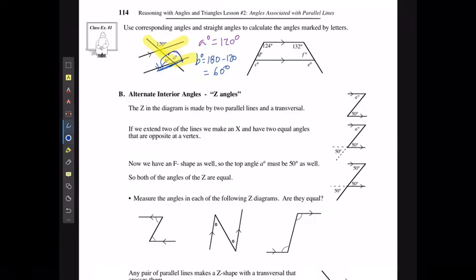If I go to the second example, I have my corresponding angles making this F are going to be the 124 and C, which means that C degrees has to equal 124. Going the opposite direction, I can see my other corresponding ones are this backward F here, which means that 132 and E are also going to be corresponding.